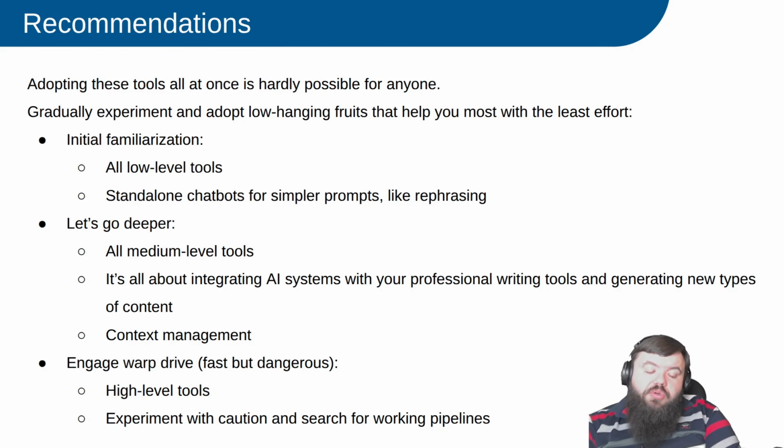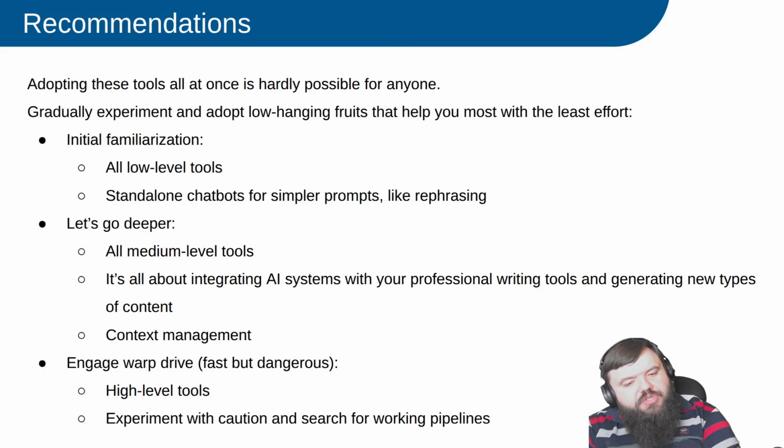But you would also start thinking about context management: what to actually show to your AI systems, what to provide them with as resources as the initial input. Why not? And I think this deeper level is actually recommended for all technical writers, to at least explore and find something useful for them, find some combinations of tools that work for them, and build their own working scenarios.